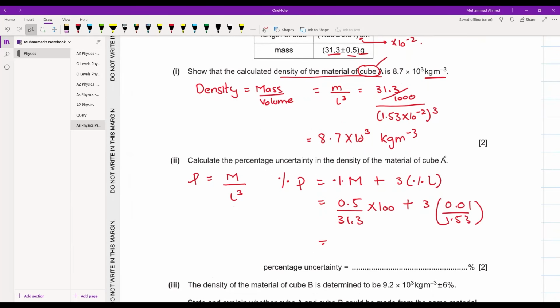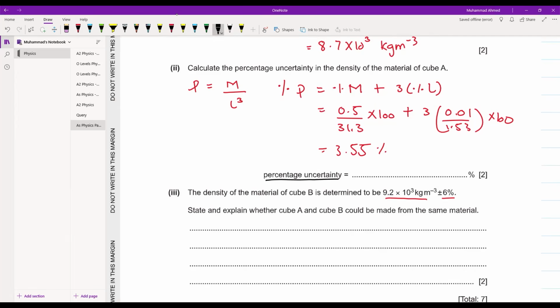Let's calculate it. 0.5 divided by 31.3 times 100, plus 3 times 0.01 divided by 1.53 times 100. The answer comes out to be 3.55%. If you round this off to one significant figure, this becomes 4%.